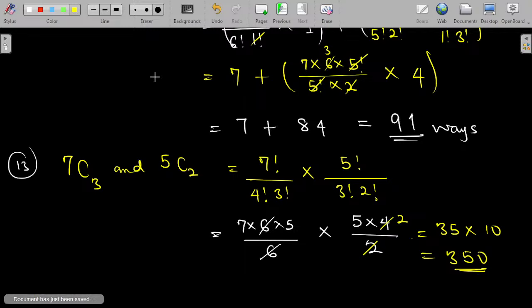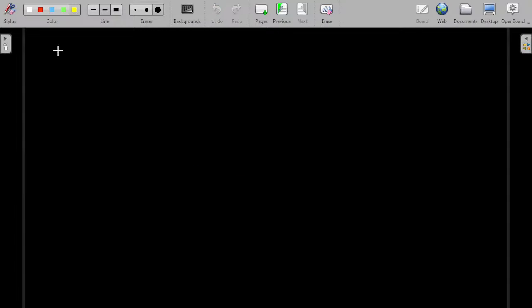That's what you're going to have in number 13. So it's just very straightforward. Okay, so let's go again to another page for our number 14, which happens to be the last question on permutation and combination. All right, so what is the question? It says, find out the distinct 4-letter words that can be formed from the word Singapore.